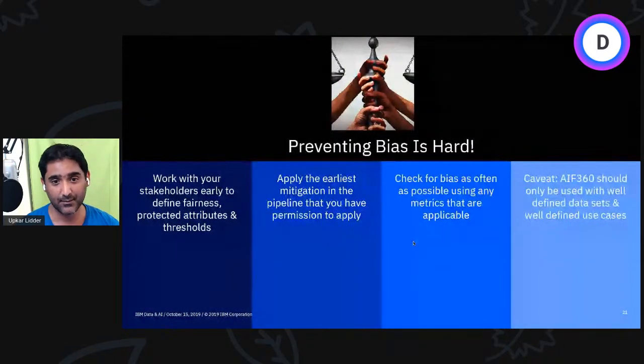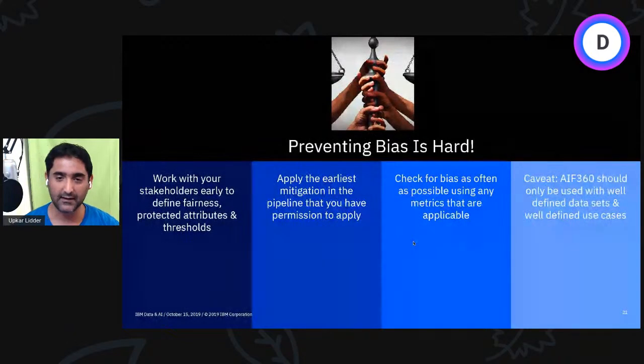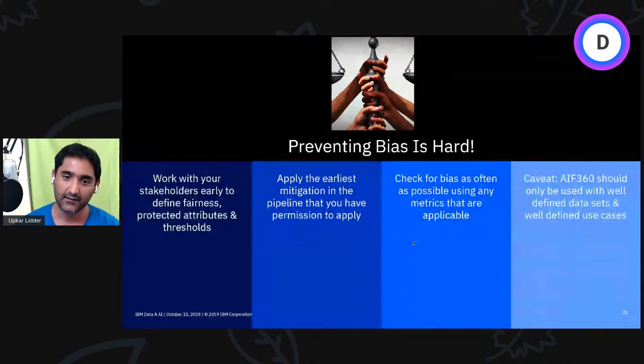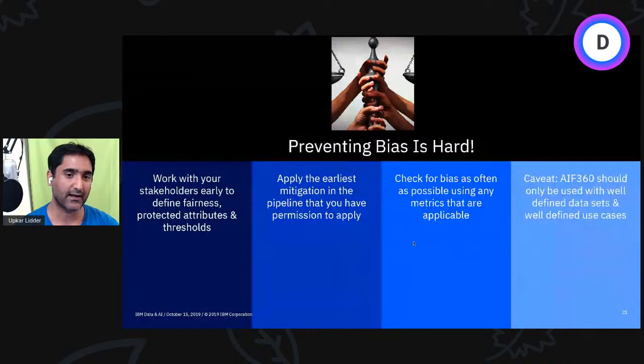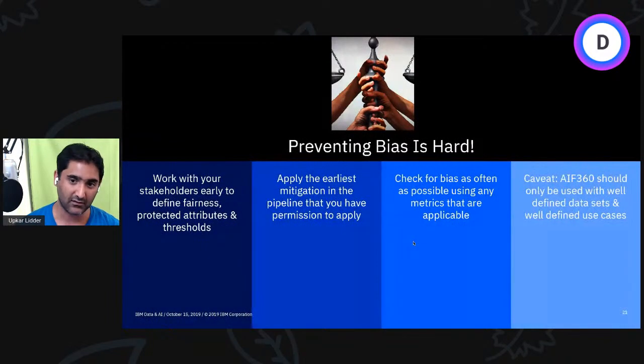The second tip is apply the earliest mitigation in the pipeline that you have permission to apply, right? With the data, at least for me, it's easier to understand the different metrics and also what kind of mitigation algorithms you can apply, versus in-processing, where you're now fiddling with the actual model or the actual training.